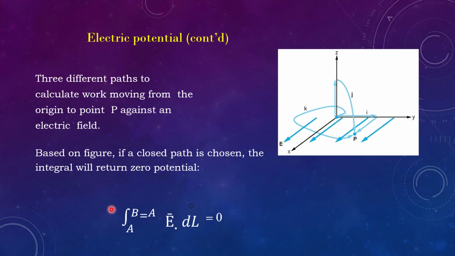So this is a very important law: the closed integration of E bar dot dl bar, the circle integration we have seen, is 0. This is one more equation. We are going to use this when we see all of Maxwell's equations.